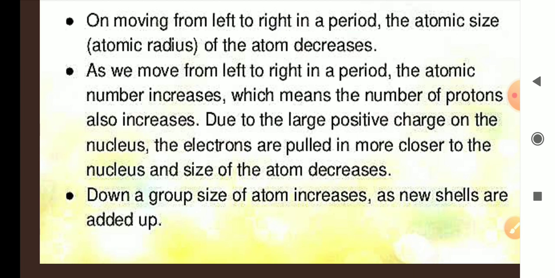The atomic size of noble gases in the corresponding period is largest due to the presence of a fully filled electronic configuration, that is a complete octet. In the outermost shell there are already 8 electrons, so the atomic size is largest.